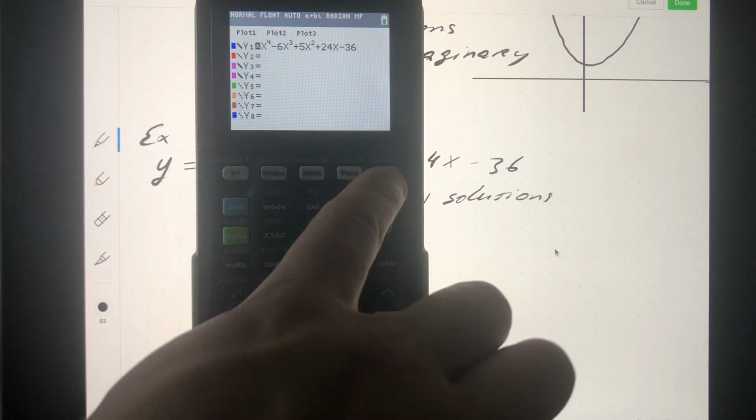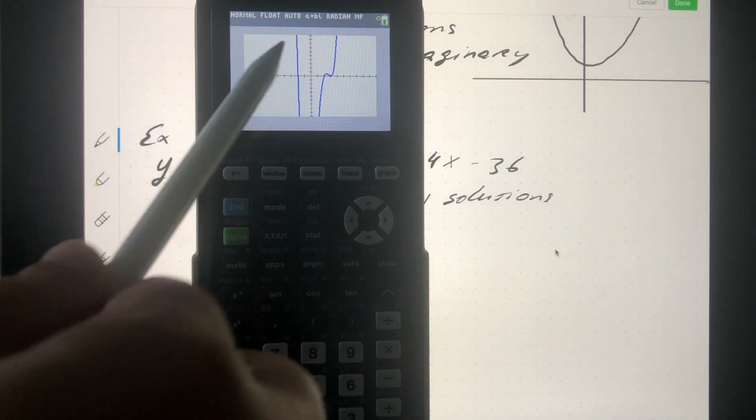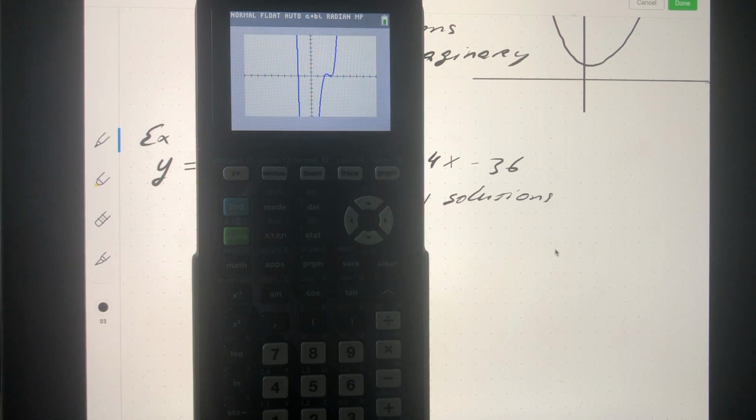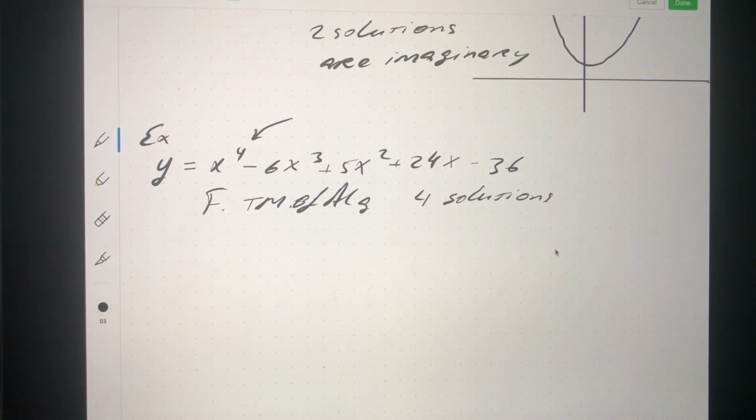So here is the picture of that equation. Looking at the diagram, we see 1, 2, 3. The theorem promised us 4 solutions, but we have only seen 3.